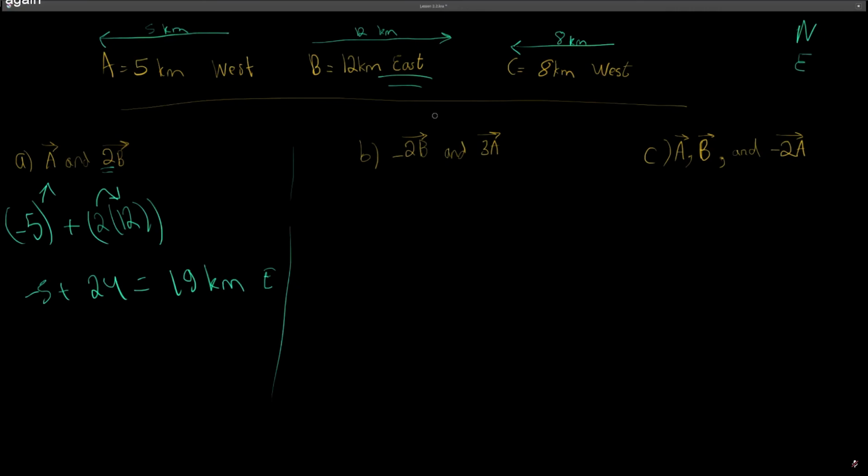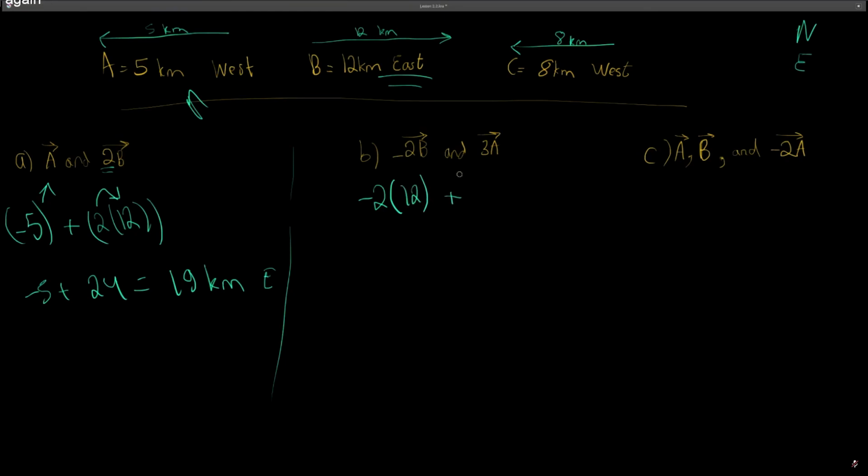Now for the second question, we have -2B and 3A. So we already know that B is going east, so -2 into, oh wait, B is 12, not 5. So -2 times 12.